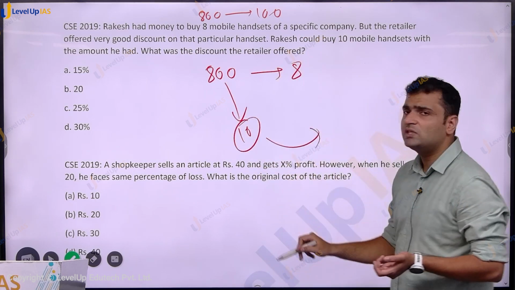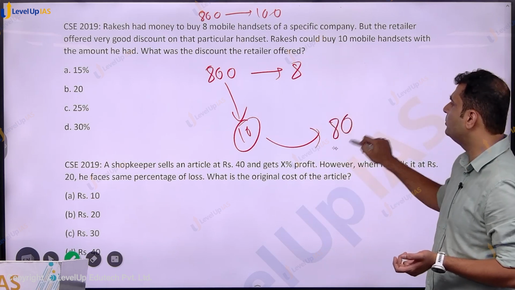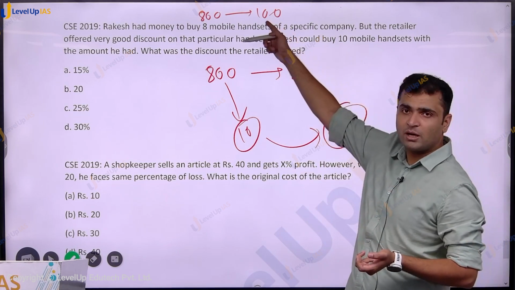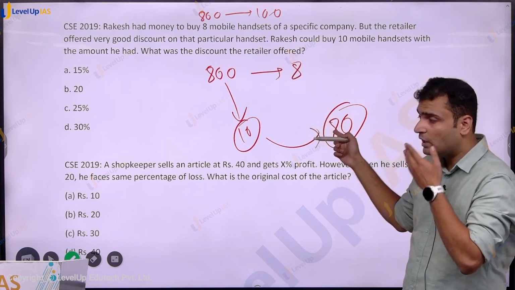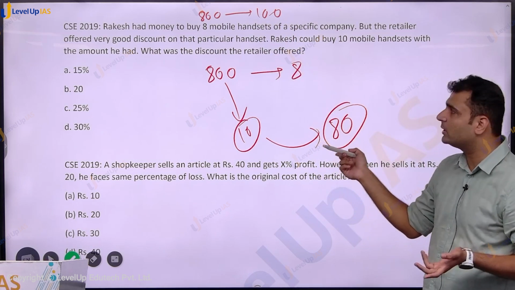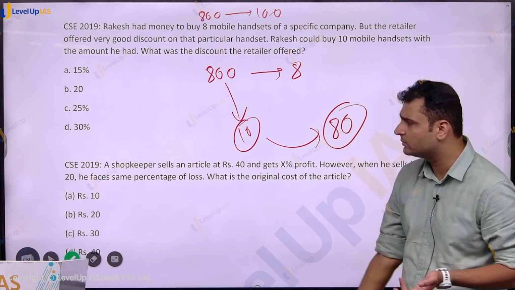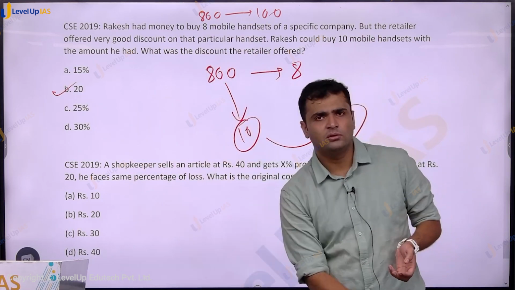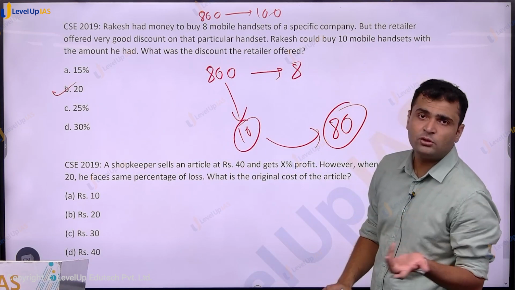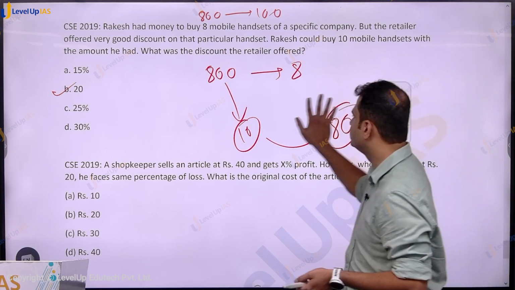So at what price did he get one? 80 rupees. 100 का MRP, उसको पड़ा कितने का? 80 का. MRP was 100. Actually, he got it at 80, which was the selling price. So what is the discount? 20 rupees, 20%. And because we have assumed 100, so 20 rupees. So absolute and percentages are equal.